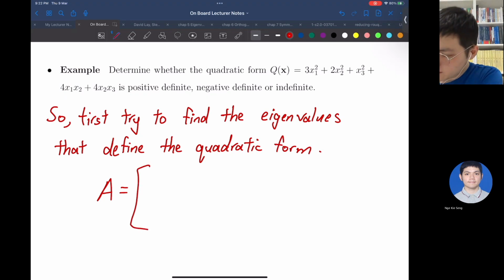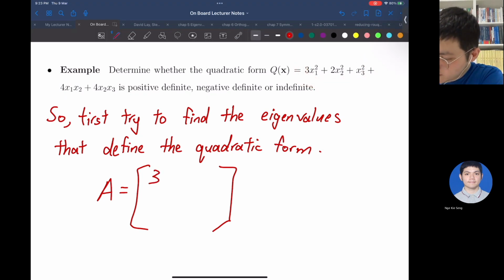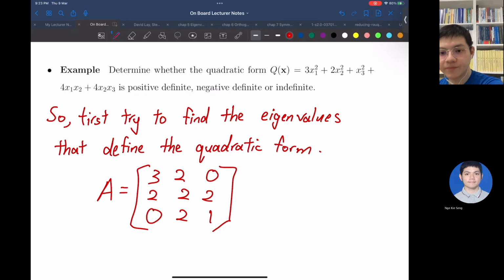Looking at the squared terms, we can make the coefficients into the diagonal entries, and we will split the cross term equally into the right spots. For example, we have 2 on the first off-diagonal entry, and then another 2 on the second off-diagonal entry.